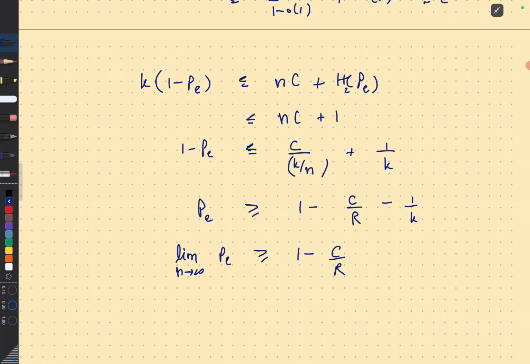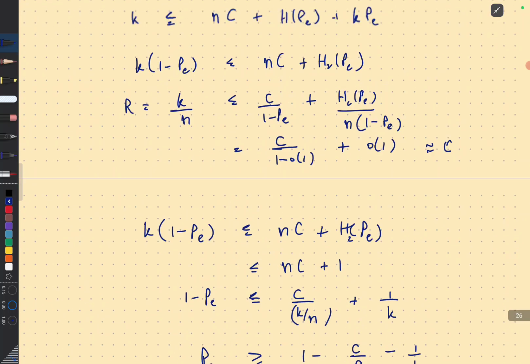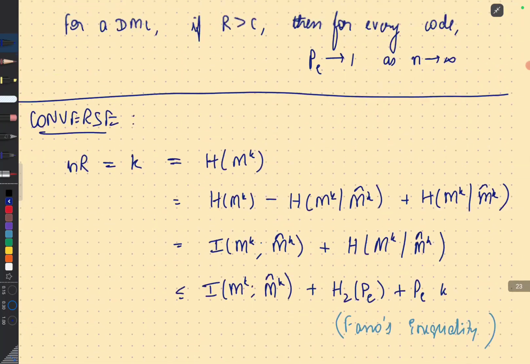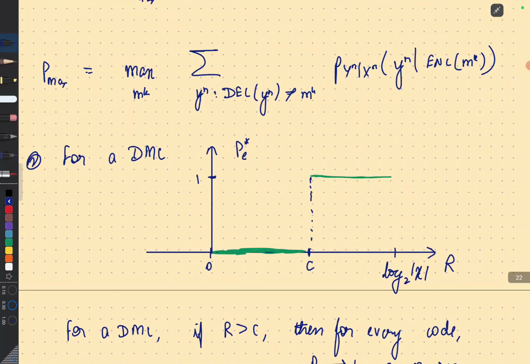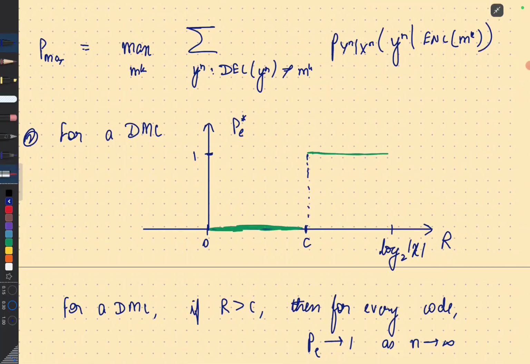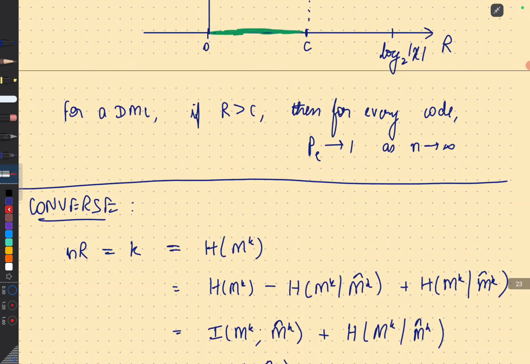Now the behavior that is predicted by this inequality is a little bit different from what I actually stated over here. So in this case, I said that if you operate above capacity, then the probability of error suddenly jumps to 1. All right?